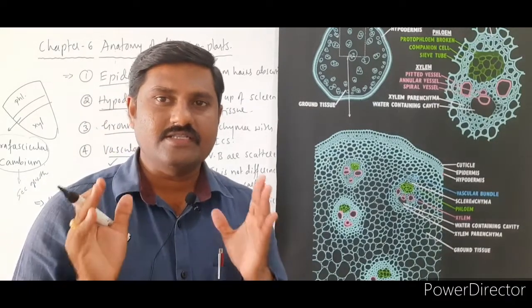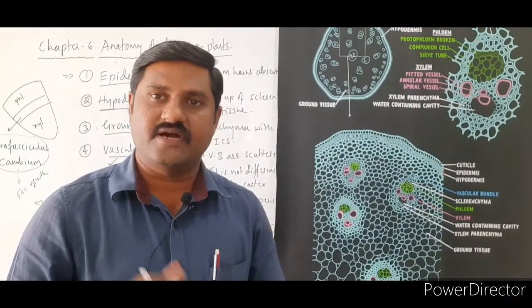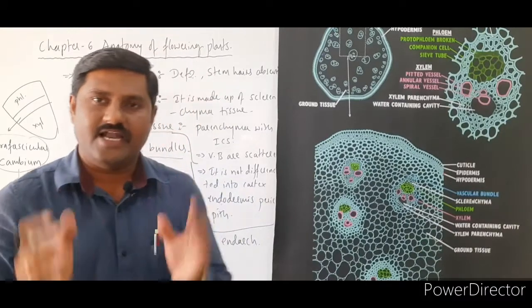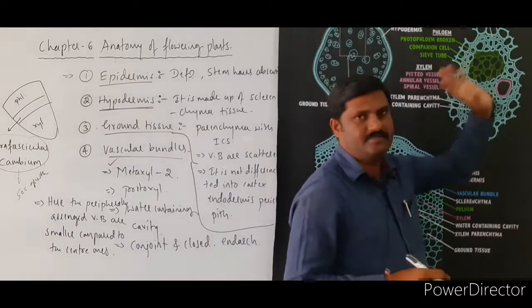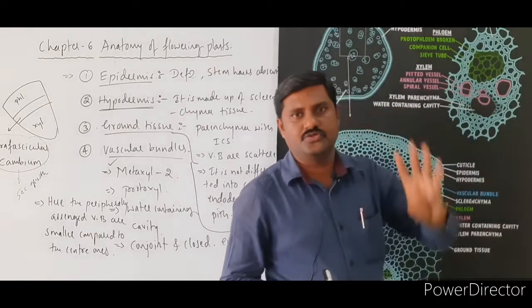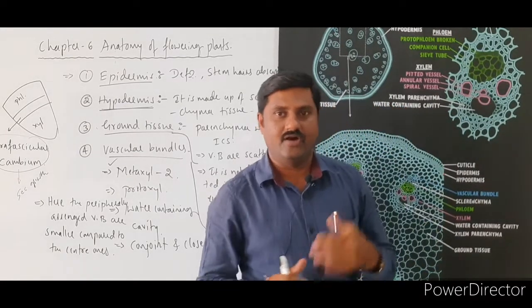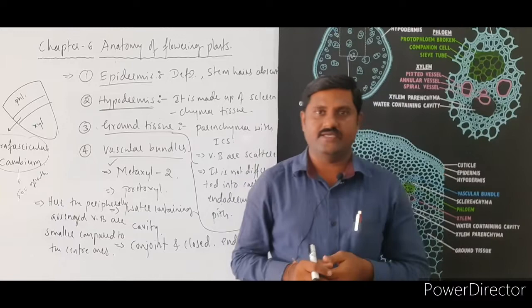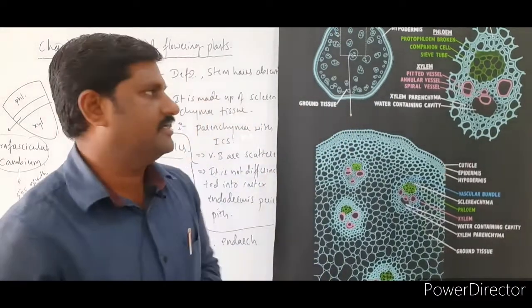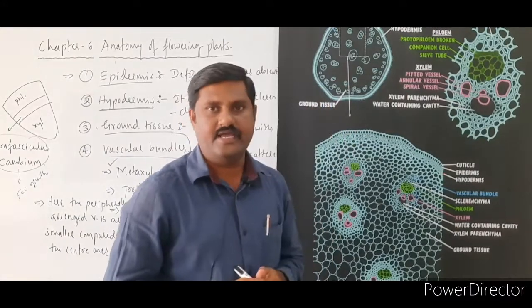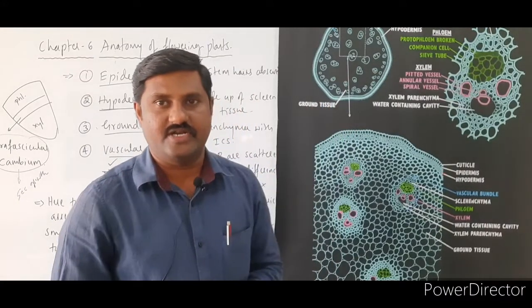All these are the major parts of the xylem tissue, and after that you will come to the phloem. Phloem also has some parts like sieve tubes. Along with that, phloem parenchyma is there, phloem fibers are there. So all these are present in phloem tissue, right? So this is a more important aspect.